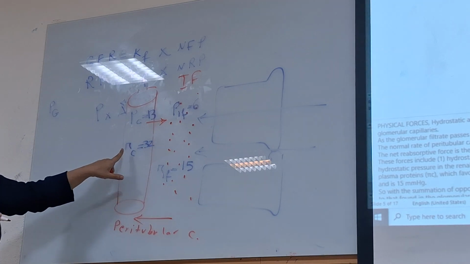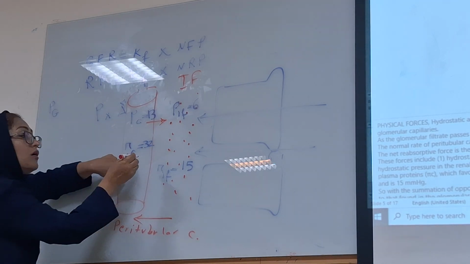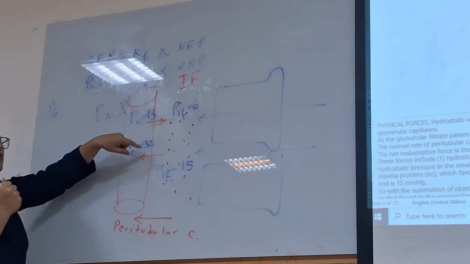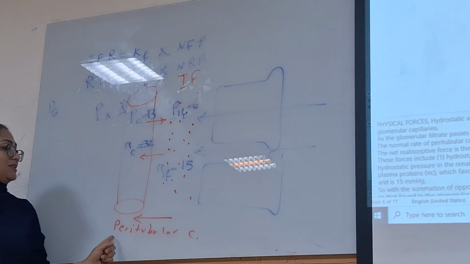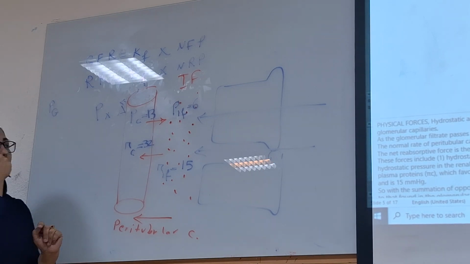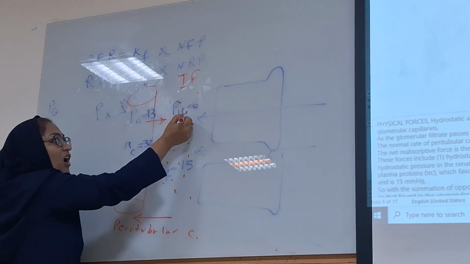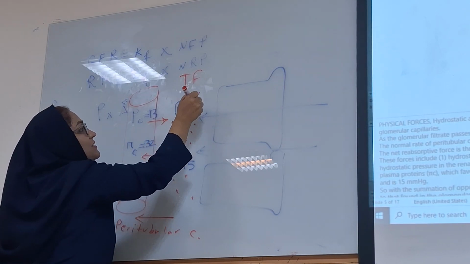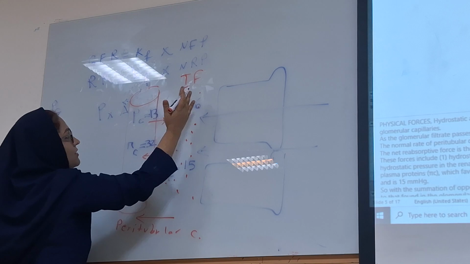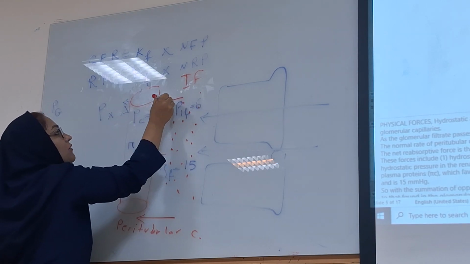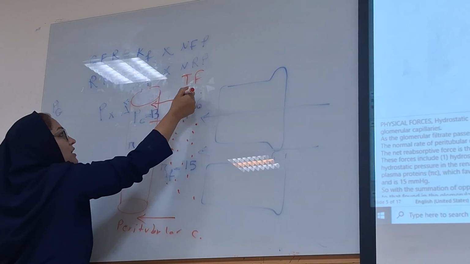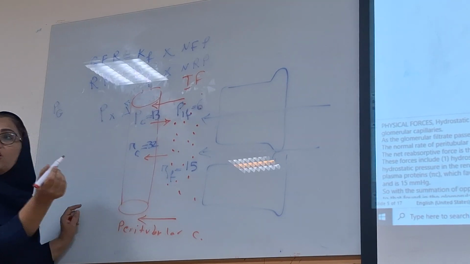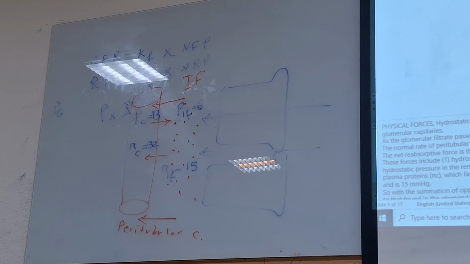Pi C is favoring, because proteins are here and pull water and substances from IF toward peritubular capillary. Pi IF is opposing. Do you agree? Do the students agree with me?